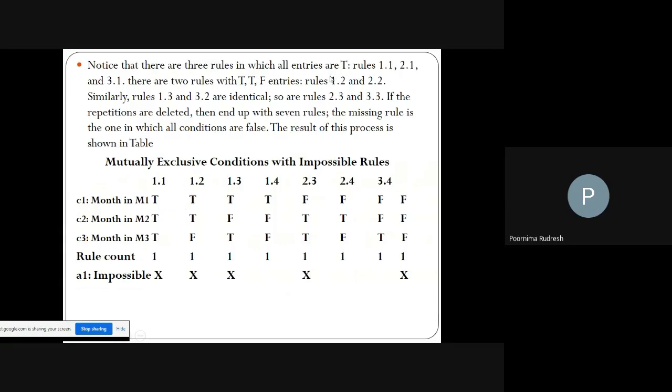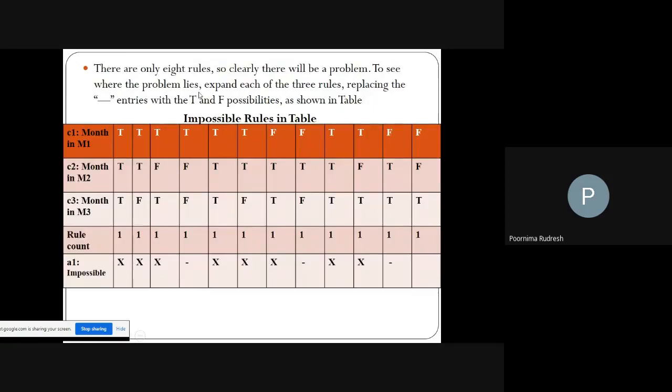Similarly, the entries for 1.2 and 2.2. See here, the second column is 1.2 and here it is 2.2. See the entries in the 1.2 and 2.2 columns. It is true, true. Then next comes false, false, and this is also true. And the output is 1 and the A1 output is impossible.